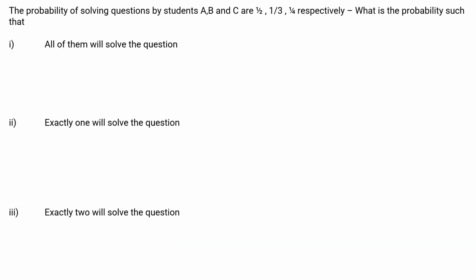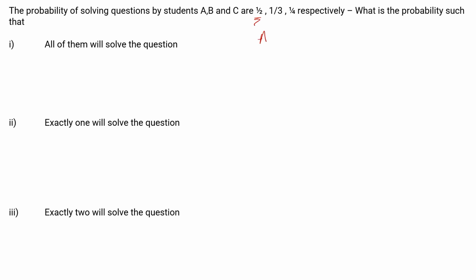Try to understand this scenario by solving some questions. So pay attention. The question says the probability of solving the questions by the students A, B and C. Student 1 is A, student 2 is B and student 3 is C. The probability of winning, that is solving the question, by the first student is 1 by 2.